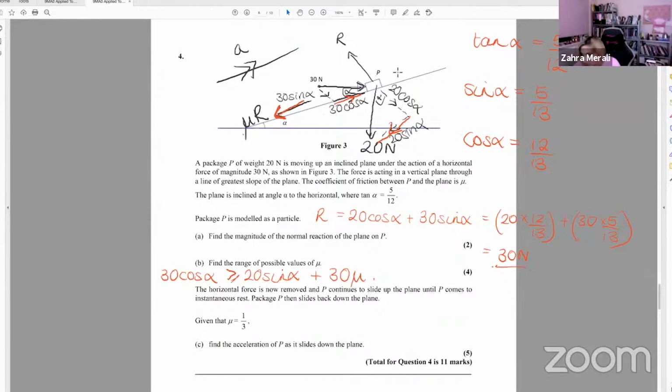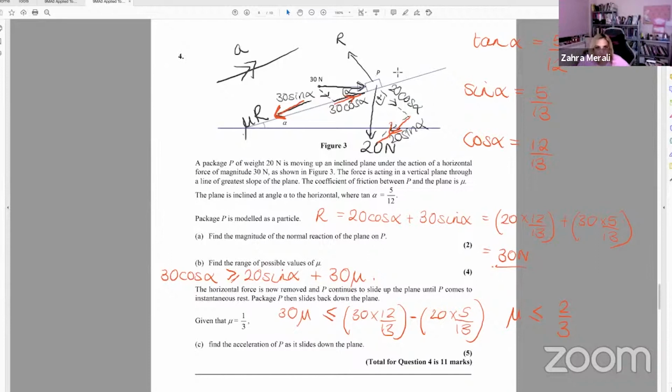Let's rearrange that. So we get 30 mu is less than or equal to 30 times 12 over 13 minus 20 times 5 over 13. Plug that into my calculator, divide by 30, gives me mu must be less than or equal to 2/3.